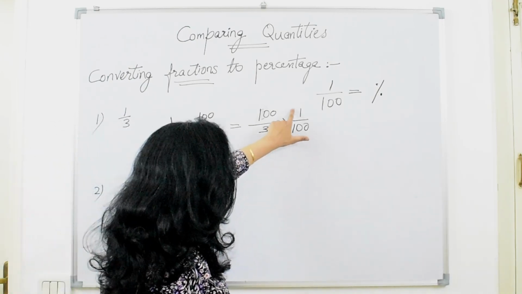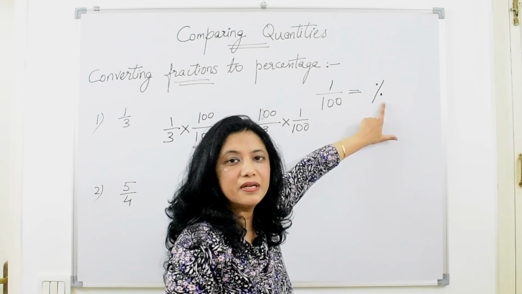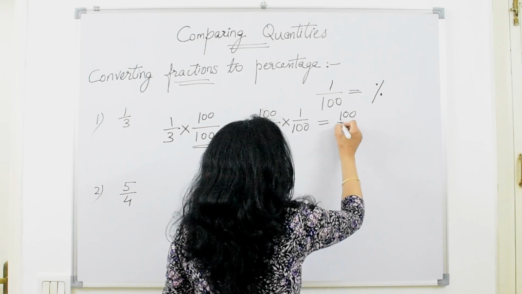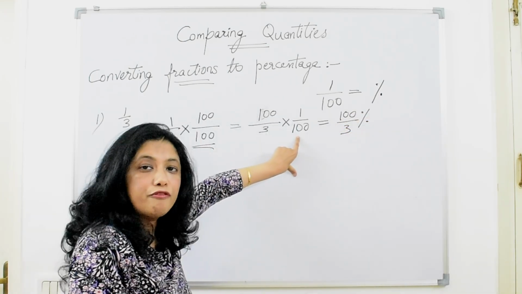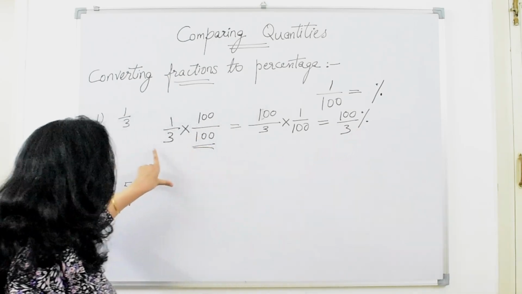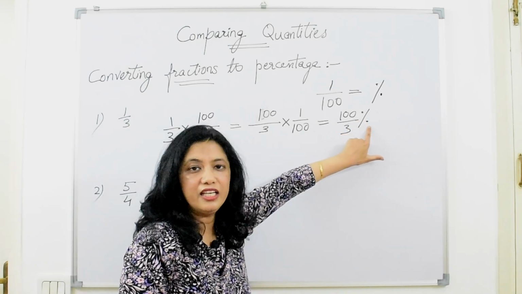Now this we know, 1 by 100 we can write in the form of the percentage symbol. So this becomes 100 by 3%. In place of 1 by 100 we can write percent. So this is how we have changed the fraction 1 by 3 into percentage.